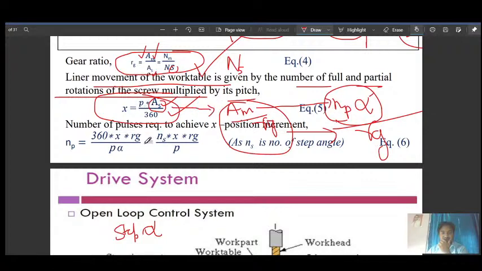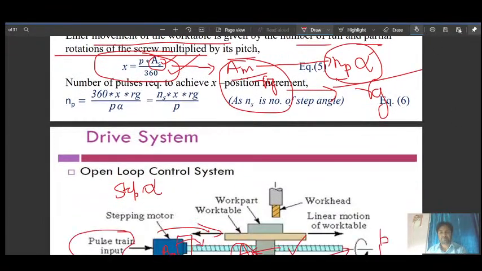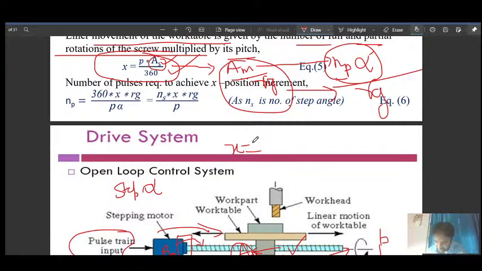So I am writing x, from equation number 5, let me erase.